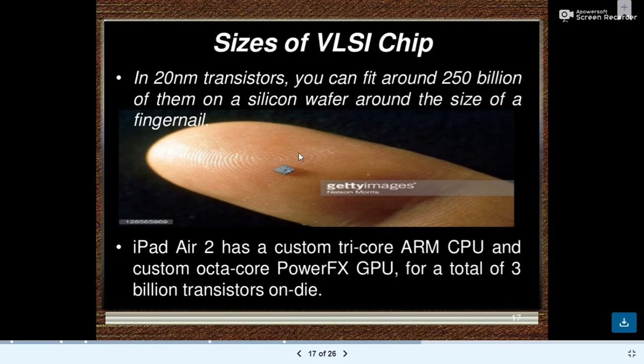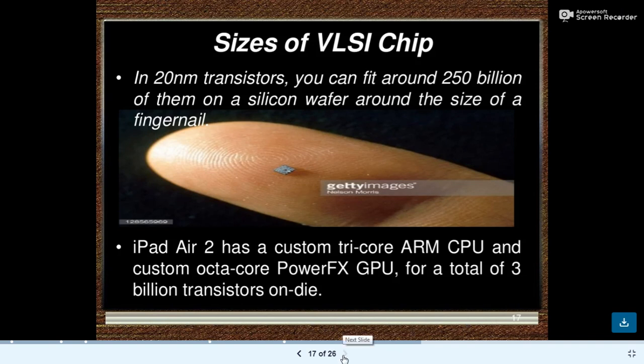So this is the chip today, with around 250 billion transistors in this particular area. iPad Air 2 has a custom ARM core CPU and custom octa-core PowerVR GPU for a total of 3 billion transistors on a die. So imagine your headphones, your AirPods, your iPads have this sort of transistors in them, which are smaller than the nail of your finger. So this is how small a VLSI chip is.